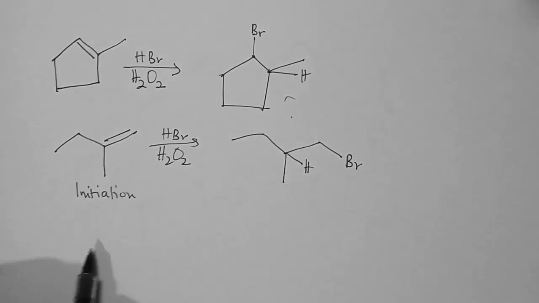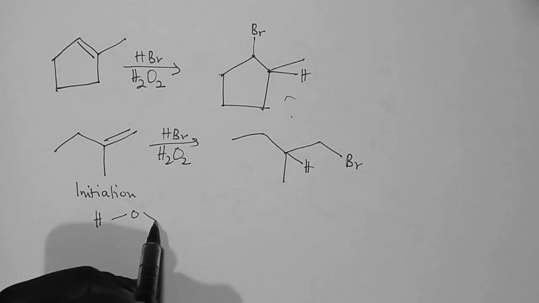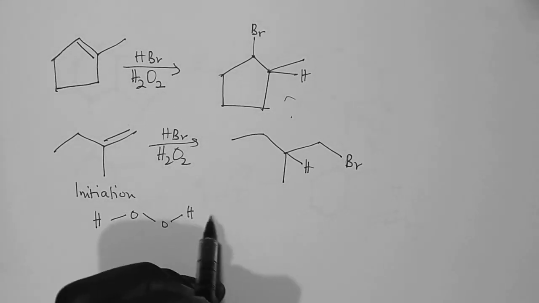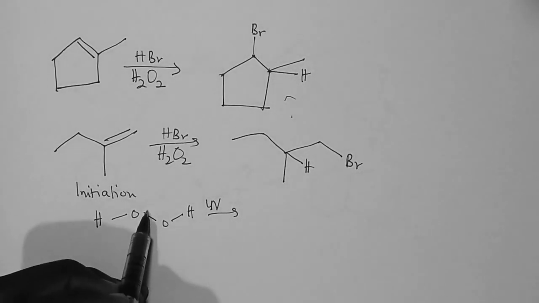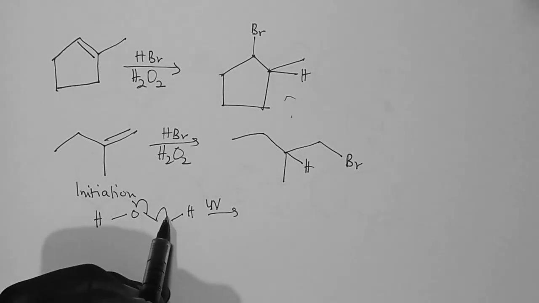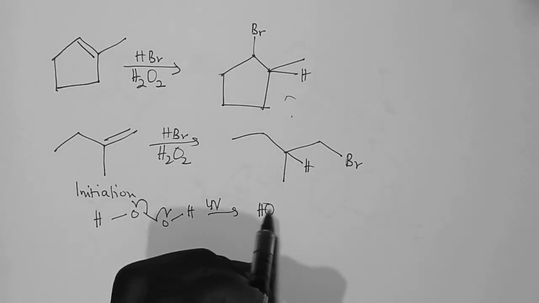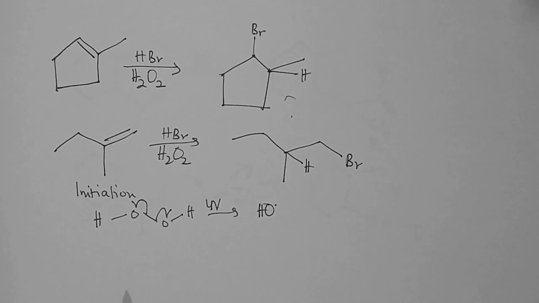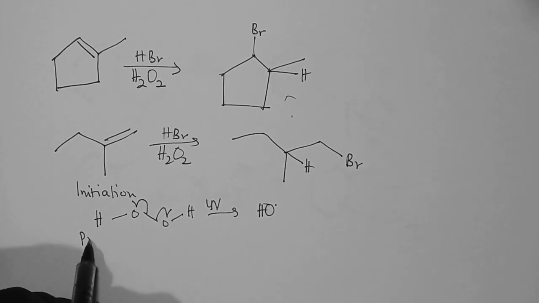So in the initiation step, the peroxide, in the presence of UV light, will cause a homolytic fission. And therefore, we are going to produce this OH radical.